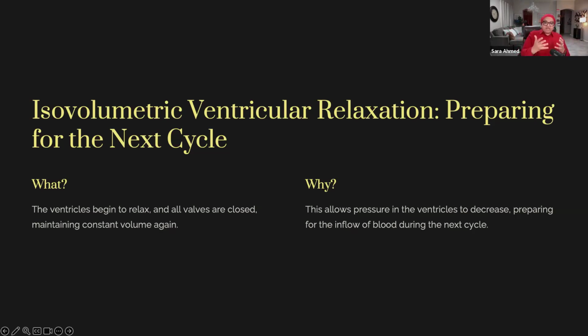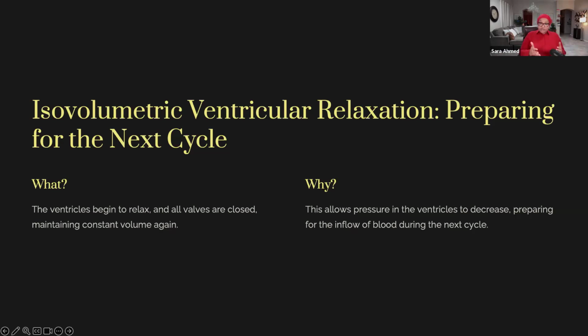Now we enter into this phase called isovolumetric ventricular relaxation, where we have the same situation with all valves closed, but the ventricular muscle is relaxing, dropping the pressure. There is some volume inside it. We call it end diastolic volume.